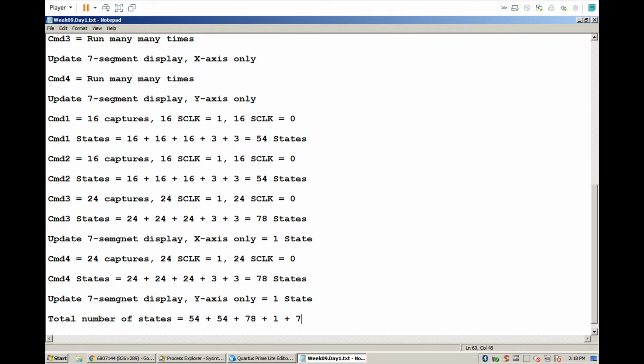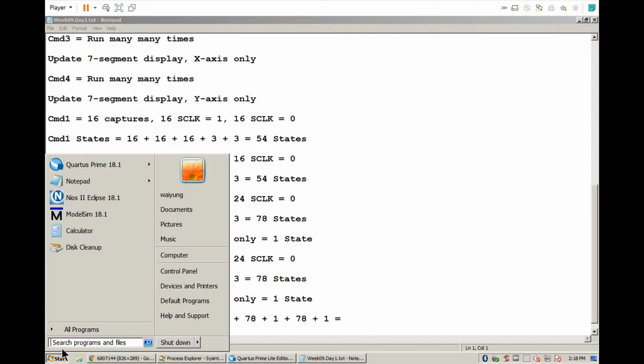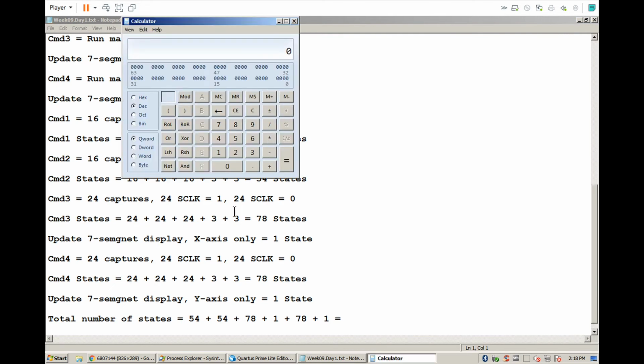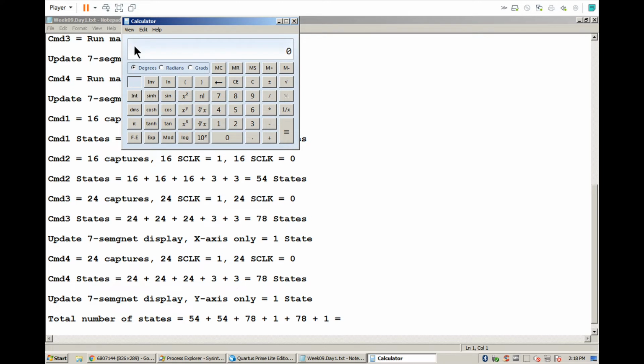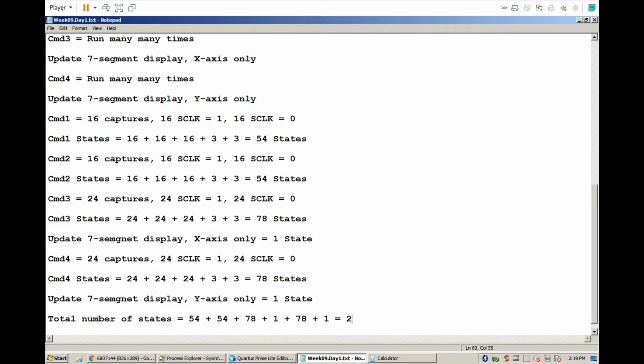Command 4, 78 plus 1 for the updates. So if you do the math, 54 plus 54 plus 78 plus 1 plus 78 plus 1 is equal to 266 states.